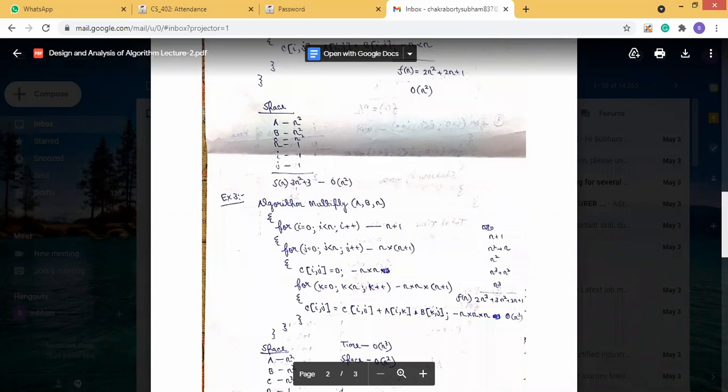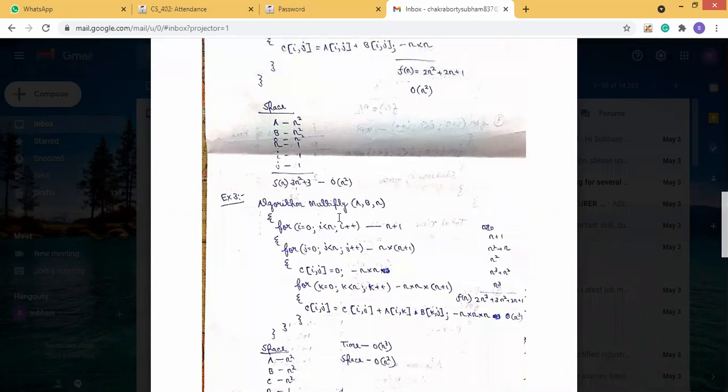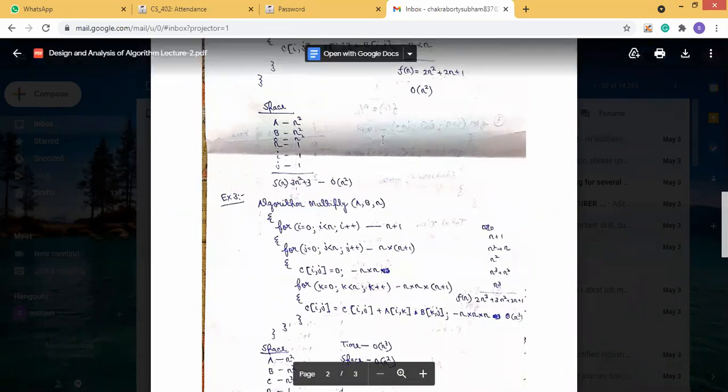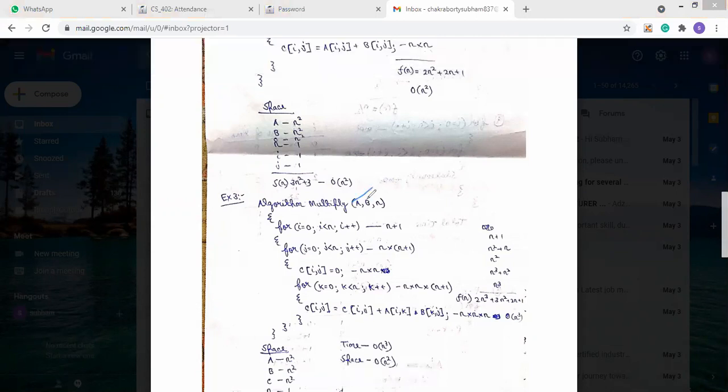So in that case, what will be the 3 loops and how many times will they be executed? First, the algorithm multiply, because it is the multiplication of two-dimensional matrices. So algorithm multiply a comma b comma n. So these two-dimensional matrices are considered. One is a and another is b.